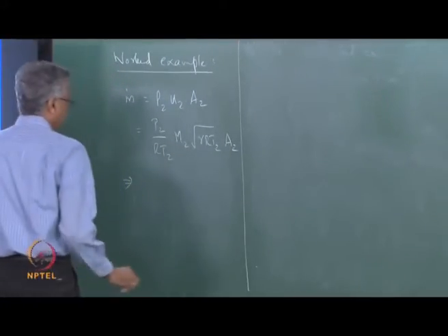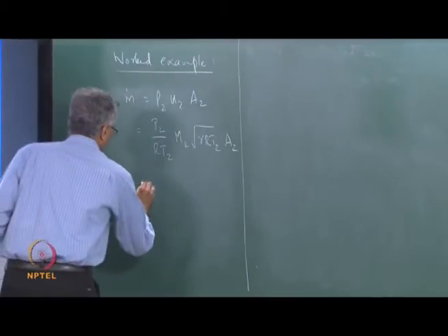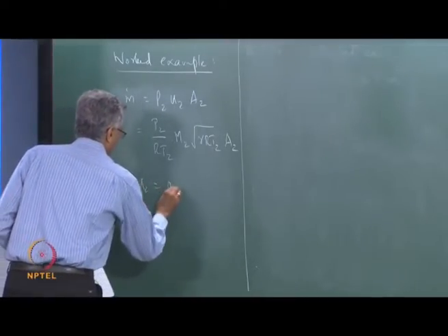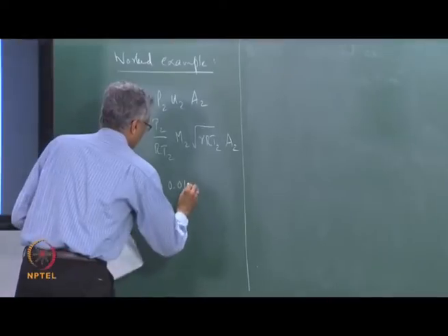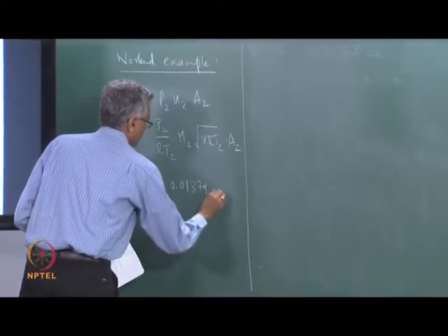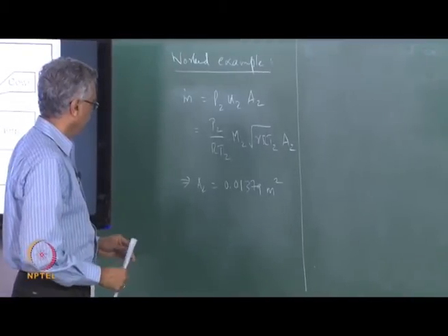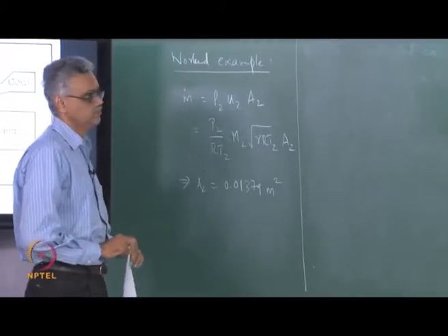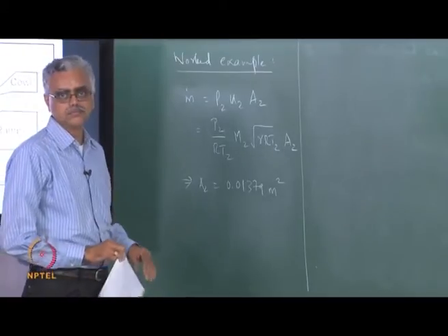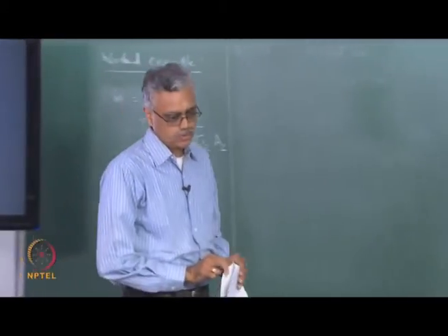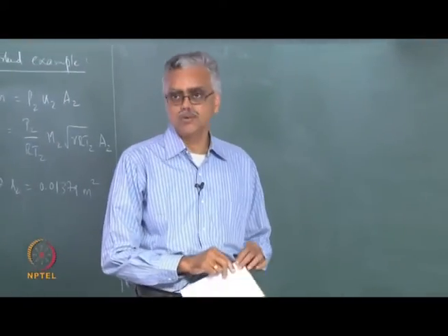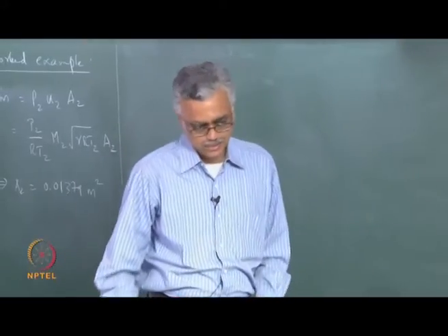From this I know all the values, I can calculate my area to be 0.01379 meter square. So, that completes the second worked example. We move on to the next topic.